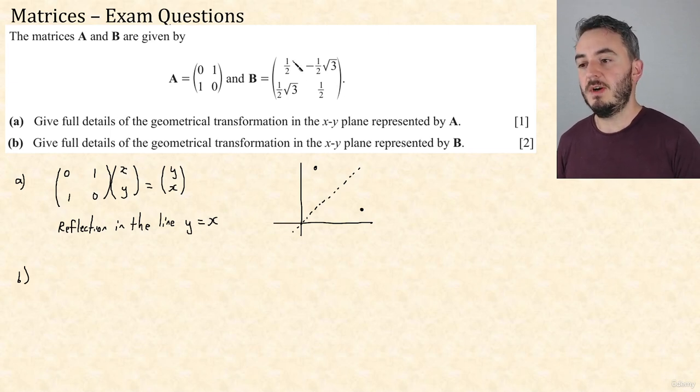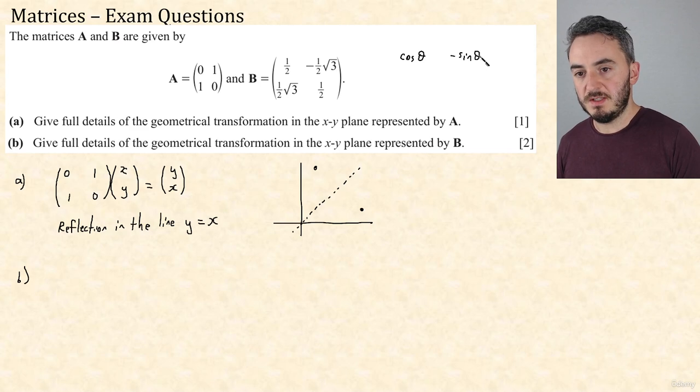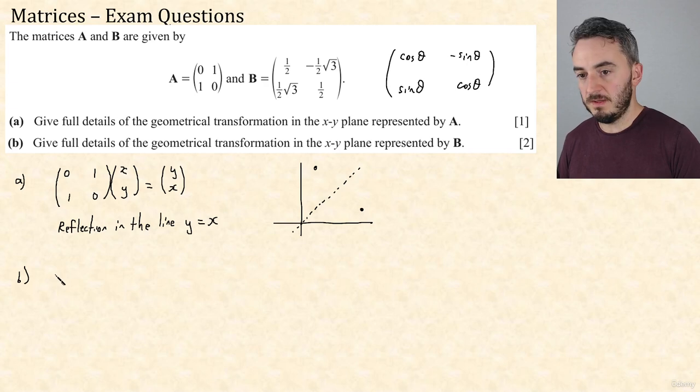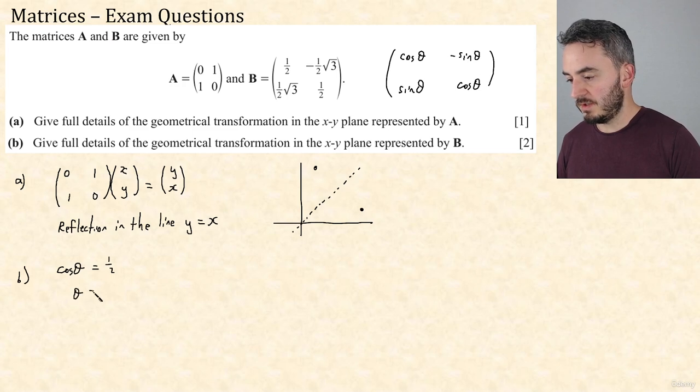You really do just need to recognize that these are a bunch of exact trig values, and they conform to our generic rotation of cos theta, minus sine theta, cos theta. And so what we can see is that cos theta needs to be a half and sine theta needs to be a half root 3. So solving cos theta equals a half gives me theta values, in degrees, of 60 and 300.